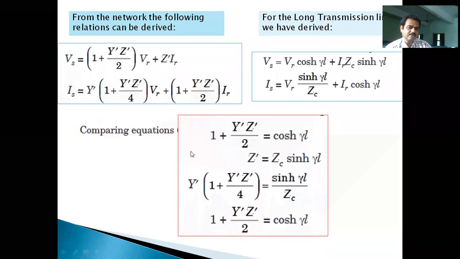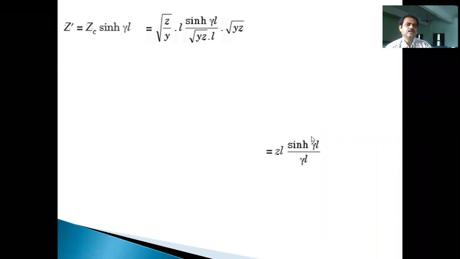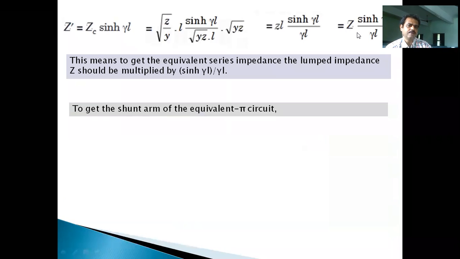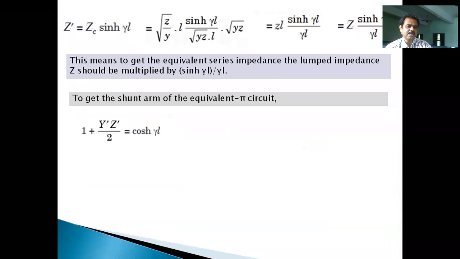Now, taking the second equation, we have derived the equivalent series impedance in terms of lumped parameters. Now we have to find out the equivalent shunt admittance in terms of lumped parameters.